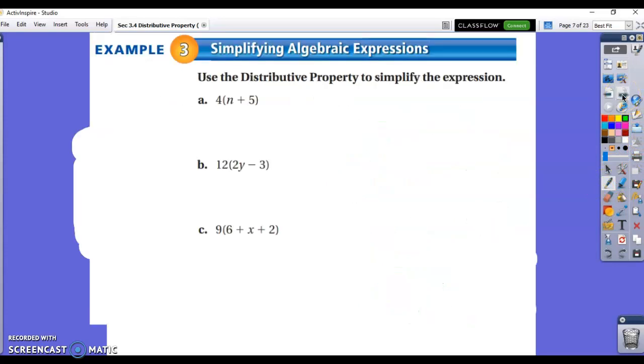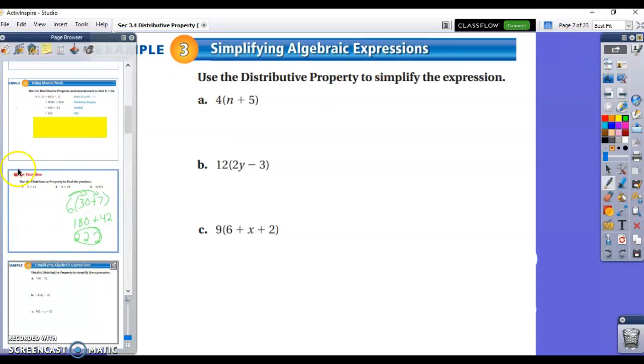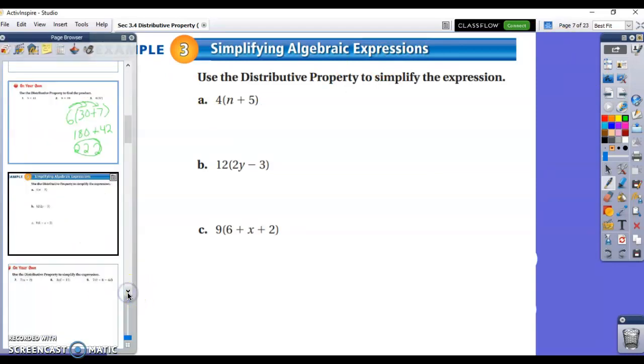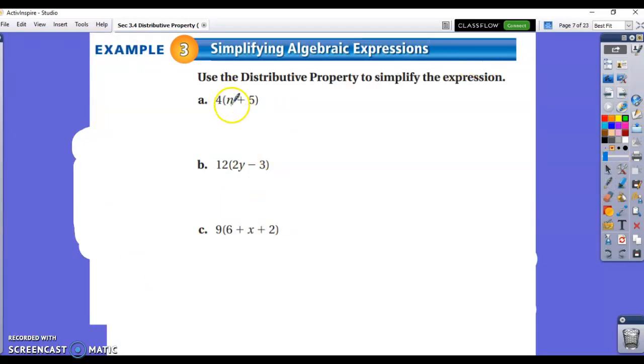For our next problem, we're going to be doing the exact same things, but you'll notice that a little bit has changed. When we look at this, you're going to notice that instead of a number, there's a letter, which we call a variable, which we use in algebraic terms, and we see that this problem is 4 times the quantity of n plus 5.